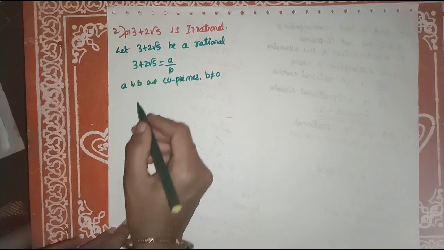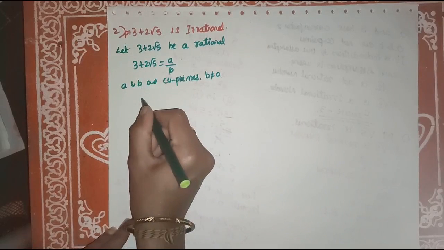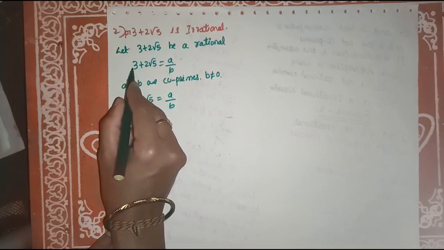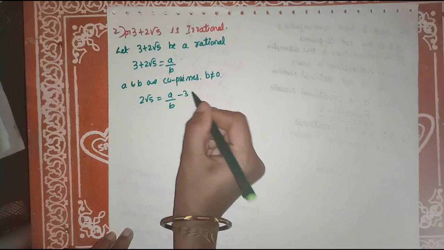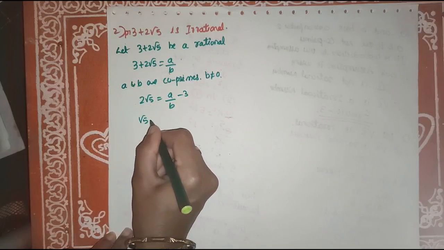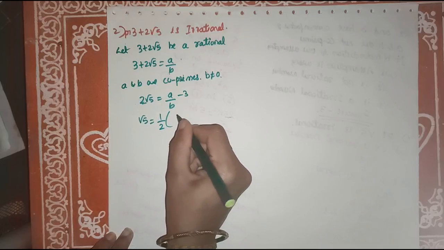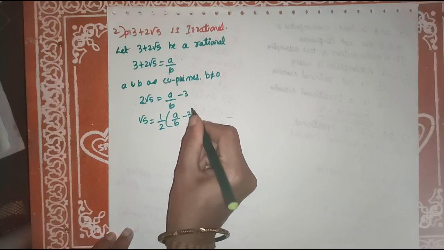Then I write this as 2 root 5 is equal to a divided by b minus 3. Root 5 is equal to 1 by 2 a by b minus 3.